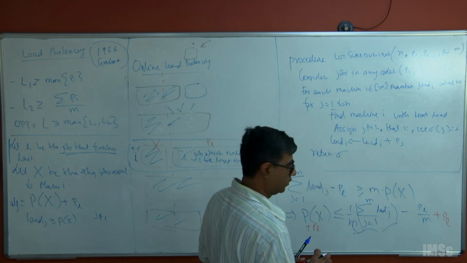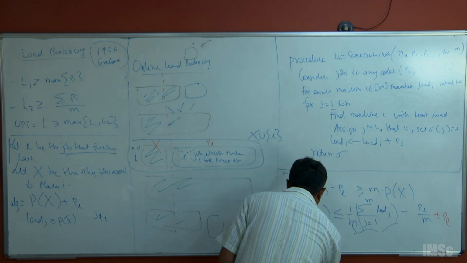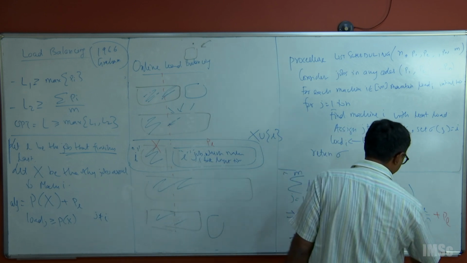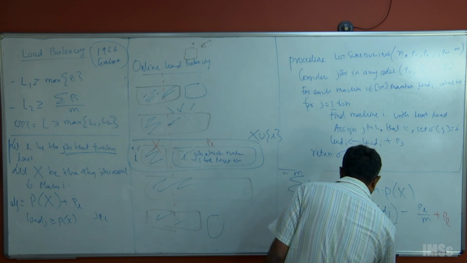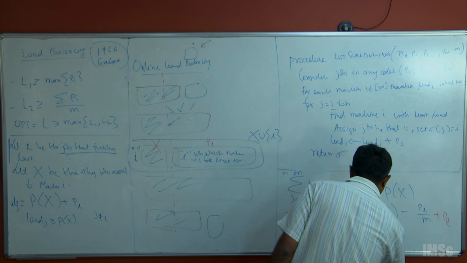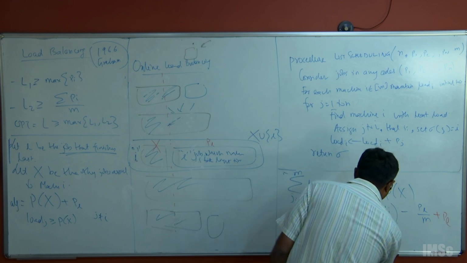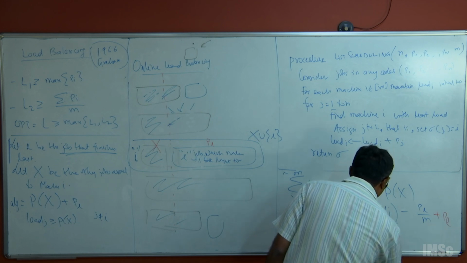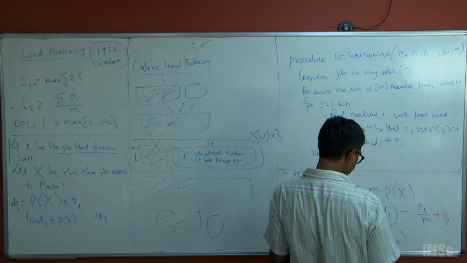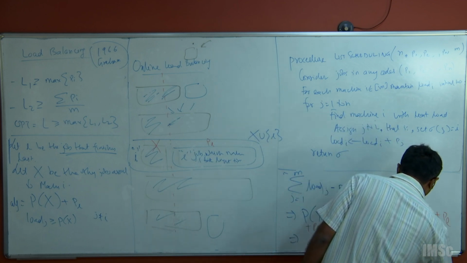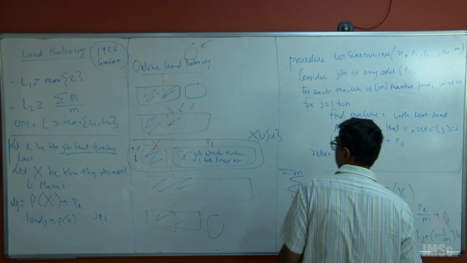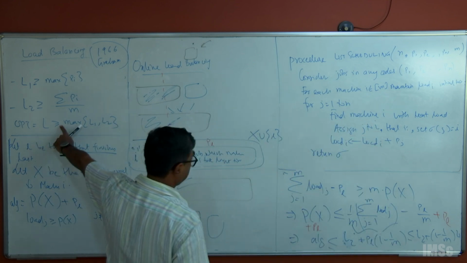Is that fine? So what is this load? 1 by m, this is L2, it's like an average. Minus, now I can take pl common, and 1 minus 1 over m times L1. So this is L2 plus 1 minus 1 by m times L1, and opt is at least this much.